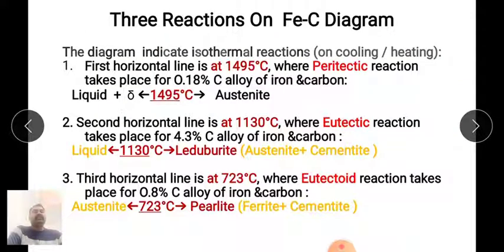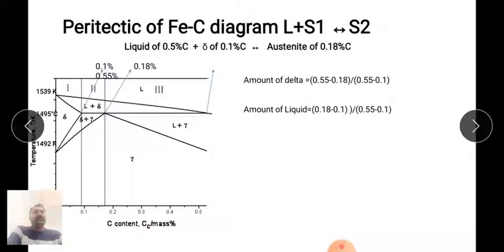Then next, the reactions: what are the different reactions occurring at different temperatures, and what are the different products. Then by using the diagrams or different sections of the iron carbon equilibrium diagram, it has been explained.